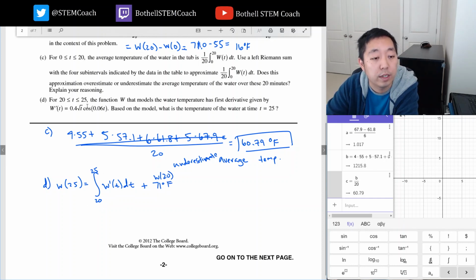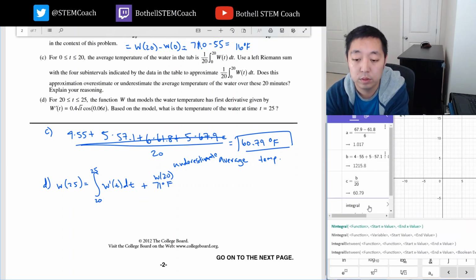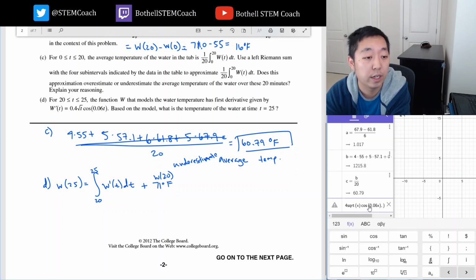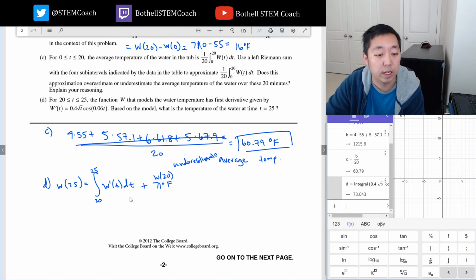So I want the integral of 0.4 square root of x times cosine of 0.06x from 20 to 25, and then add 71.